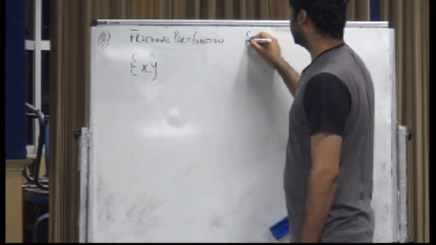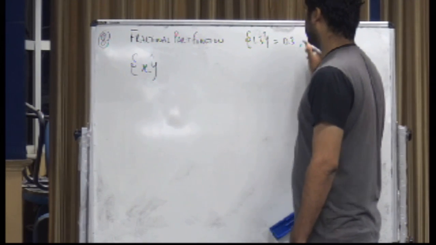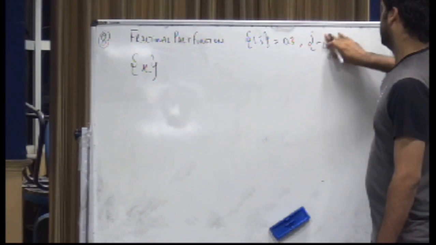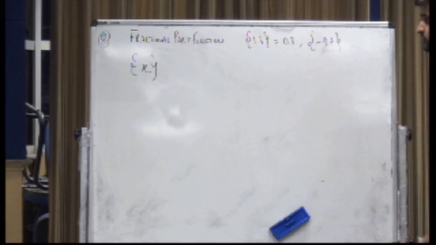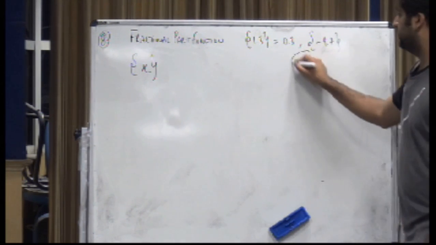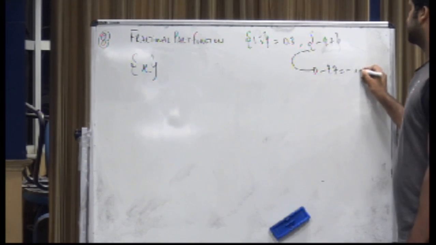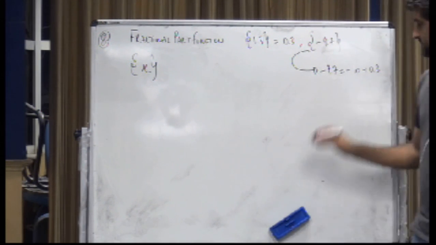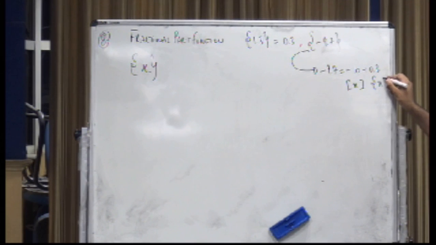Like if it is 1.3, fractional part function will be 0.3. If you have minus 9.7, what is the fractional part? Can you tell me? 0.3. Because minus 9.7 can be written as minus 10 plus 0.3. So minus 10 will be the greatest integer function, and this is the fractional part function.